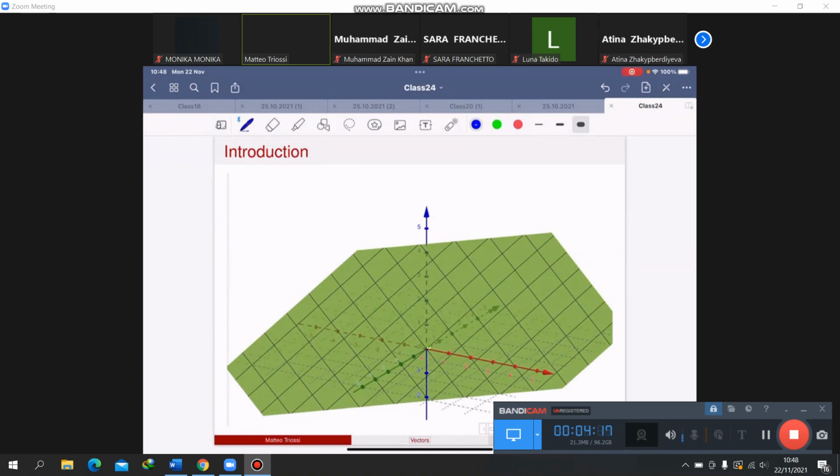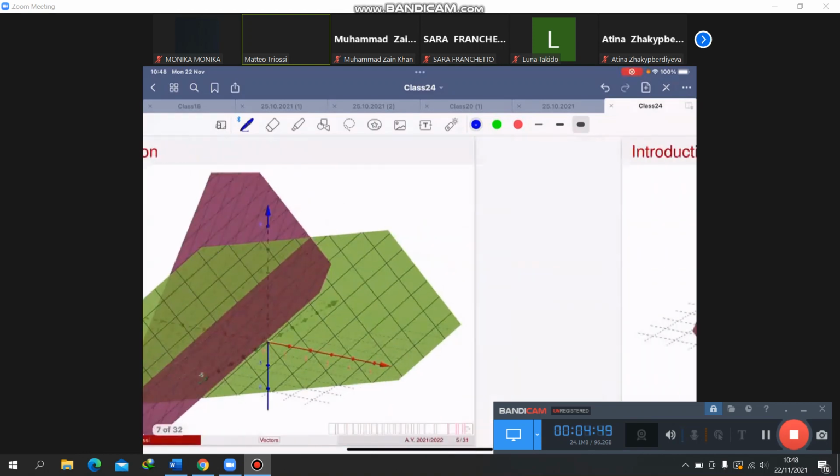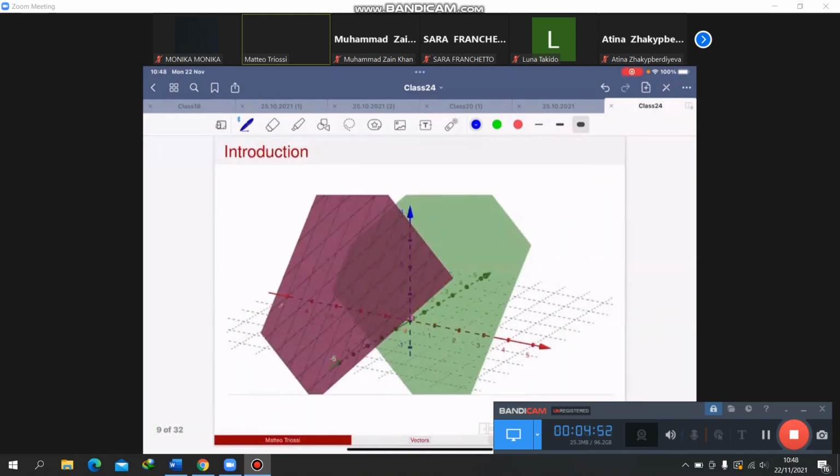Thus, naturally, the intersection of two planes can be described as the solution of a system of linear equations. If the system has a solution, the two planes will intersect. Otherwise, they will not.